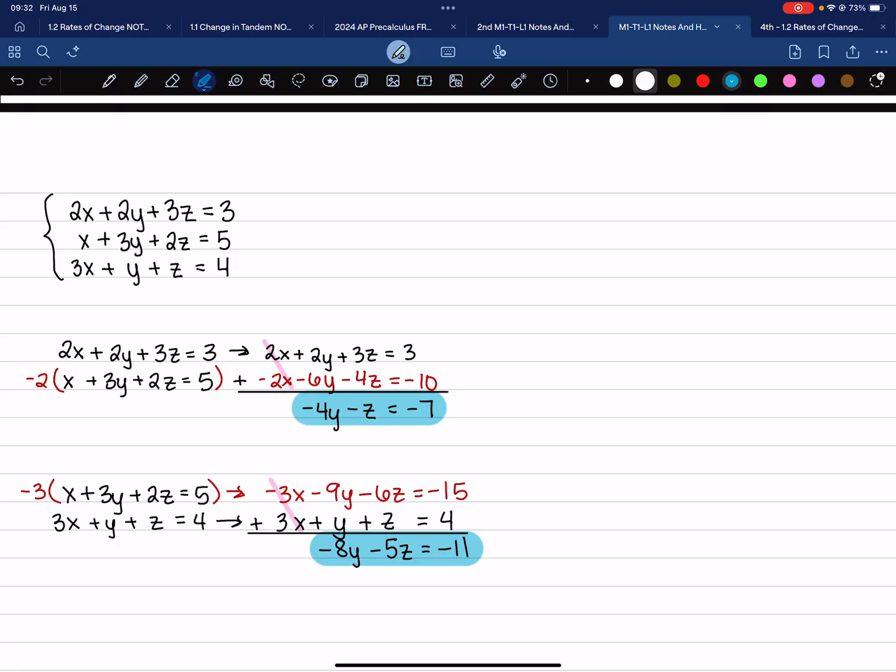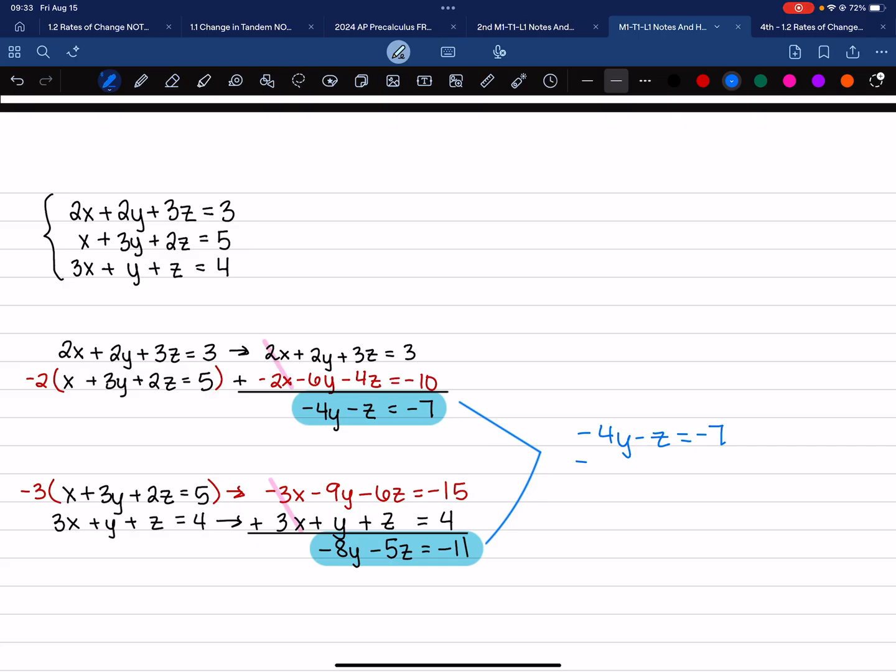Now step number two. What we want to do is take these two new equations and do the elimination method again, canceling out a different variable. So we're going to take negative 4y minus z equals negative 7.